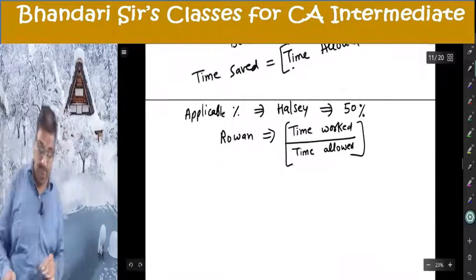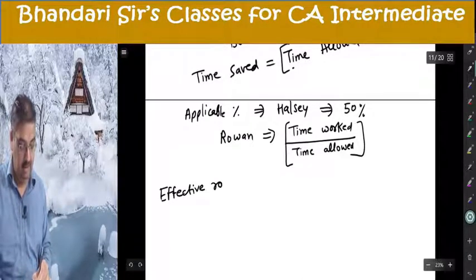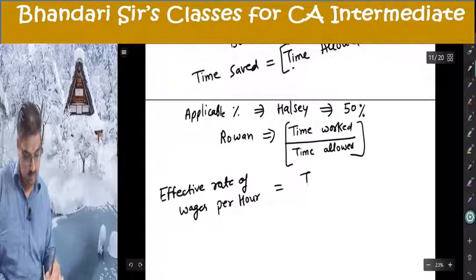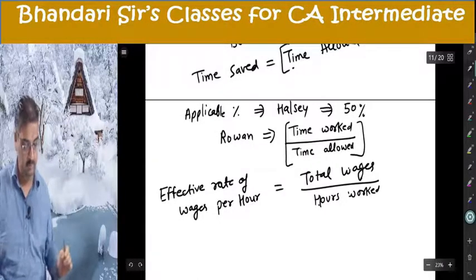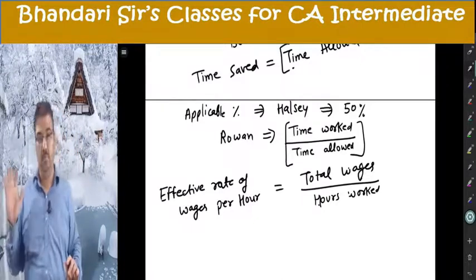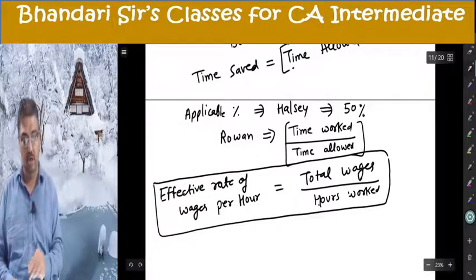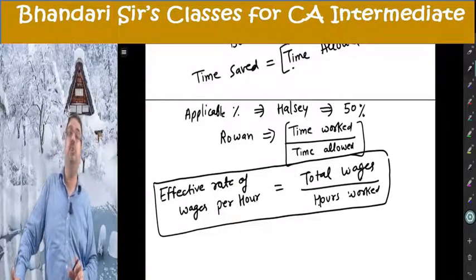Last thing I want to say, the effective rate of wages per hour is equal to total wages divided by hours worked. Total wages divided by hours worked. This is applicable in almost every question. If the question wants cost per unit, then total wages divided by actual units produced.